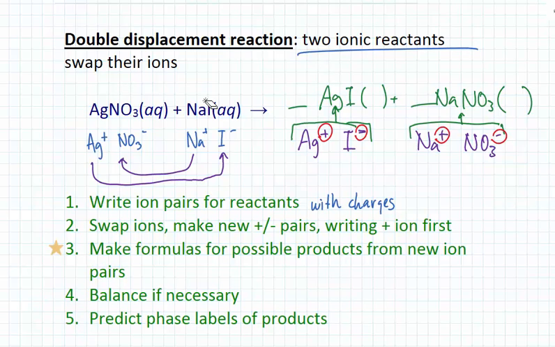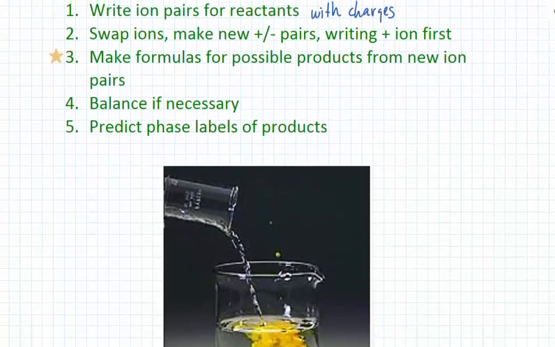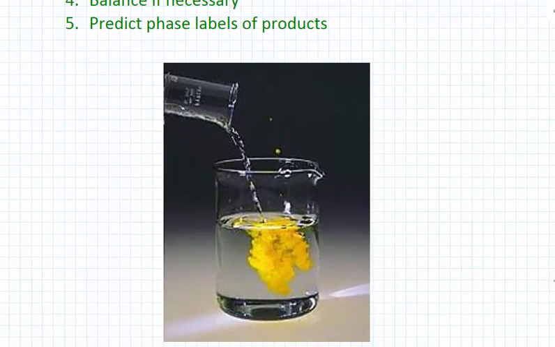Clear, colorless solutions. And if we mix them together, if both of these products were also aqueous, it would look like nothing happened. It would look like you just mixed them. But in order to observe a reaction, if one of these had, say, a solid phase label, we would be able to observe that. So take a look at this picture here.